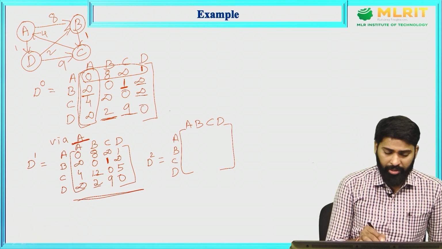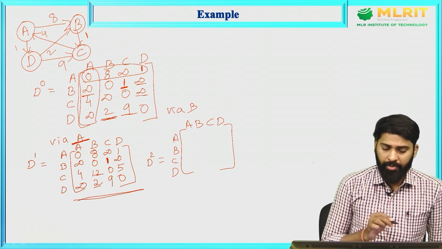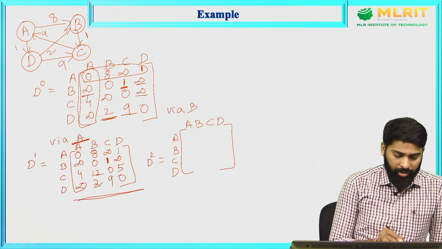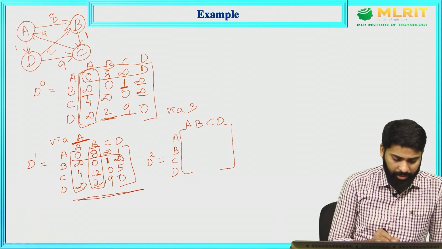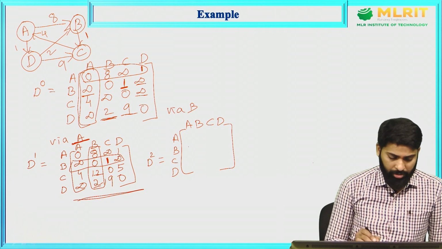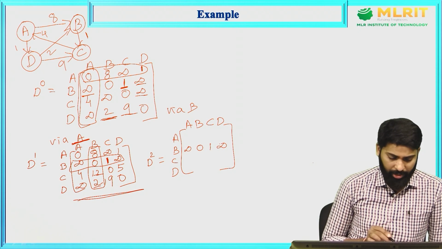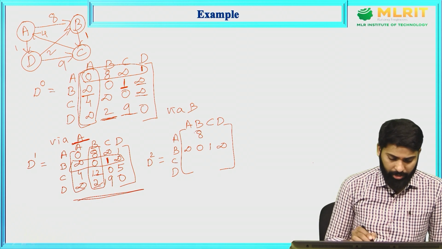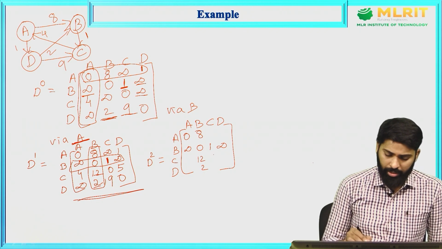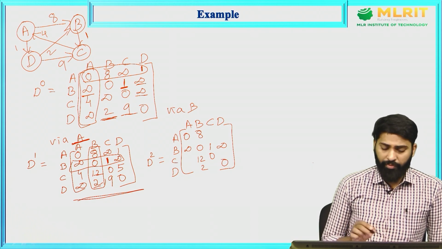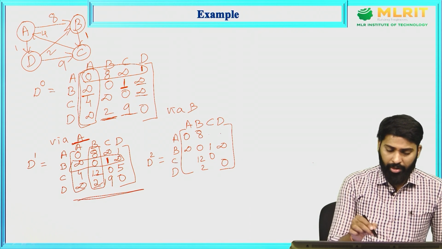What is the via vertex? Via B. So all the values belonging to B we write as they are. Okay, these values: infinity, 0, 1, infinity. So vertical 8, 0, 12, 2 and diagonal values are all zeros. Now we find the remaining values. What are the remaining values?